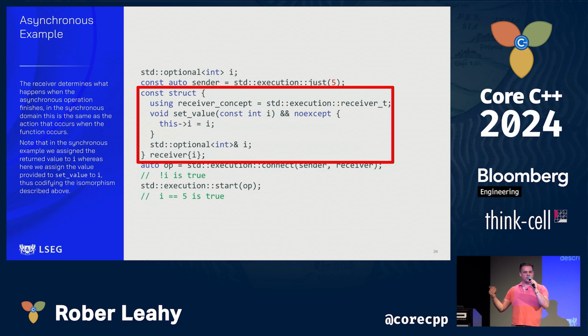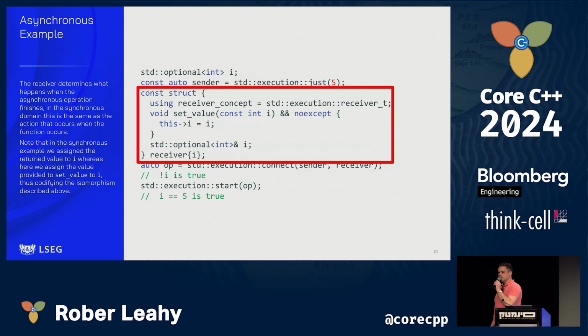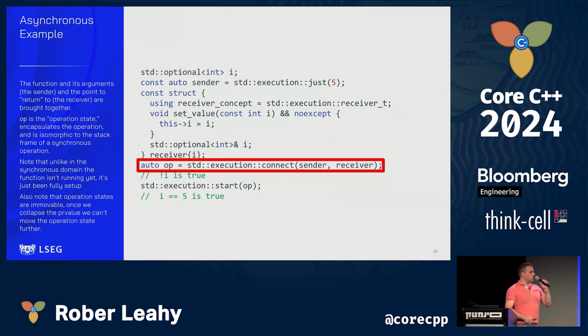It encapsulates the continuation action that is performed thereupon to effect the remainder of the computation. But in our case, the remainder of the computation is just assigning that integer through to the optional, exactly like the synchronous example did.